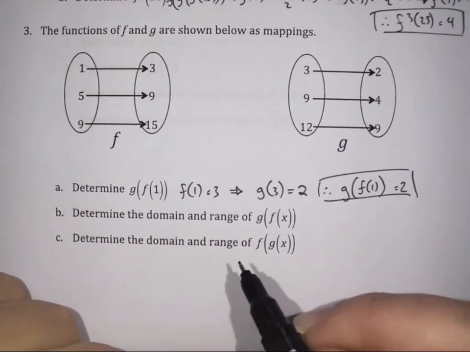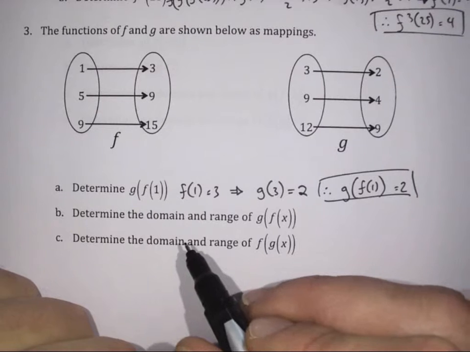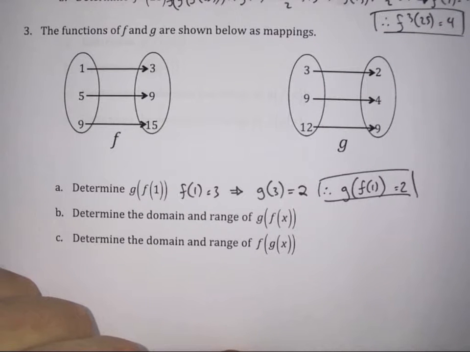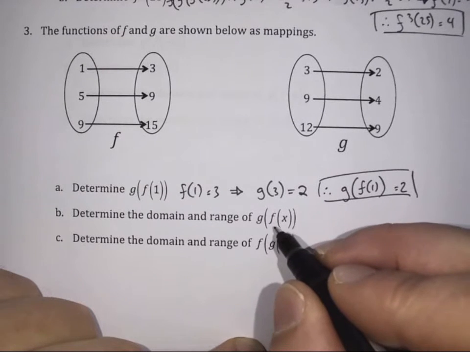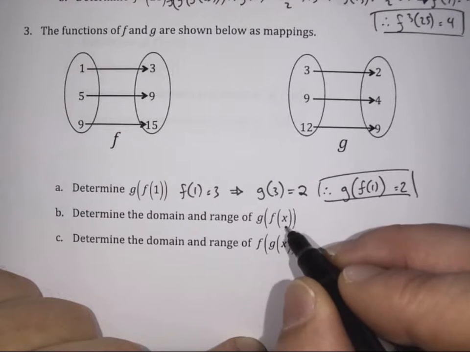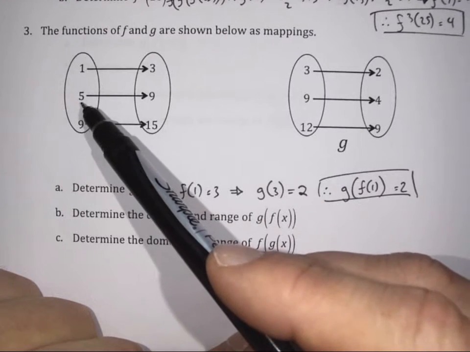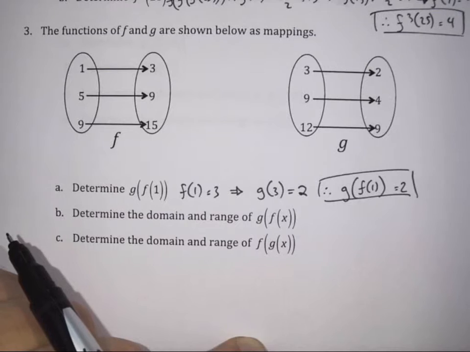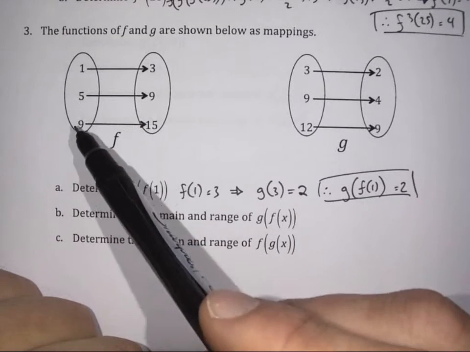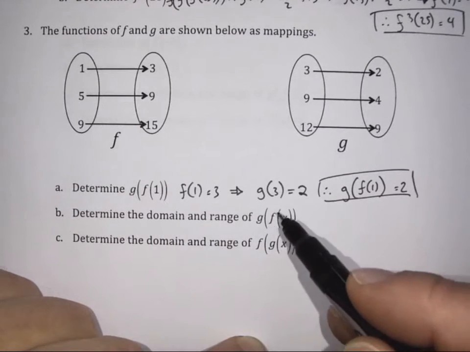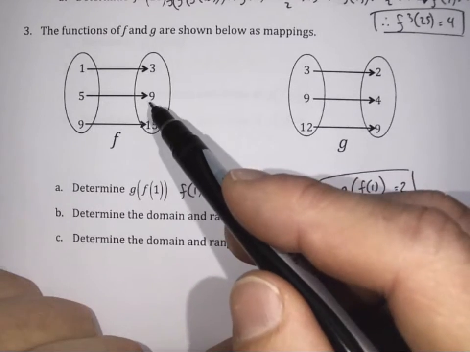All right, so moving on. Now we have to tackle the domain and the range of g of f of x. We're going to start with what kind of inputs f could even accept. F can accept as an input 1, 5, or 9. And when it puts in 1, 5, and 9, it spits out as an output 3, 9, and 15.